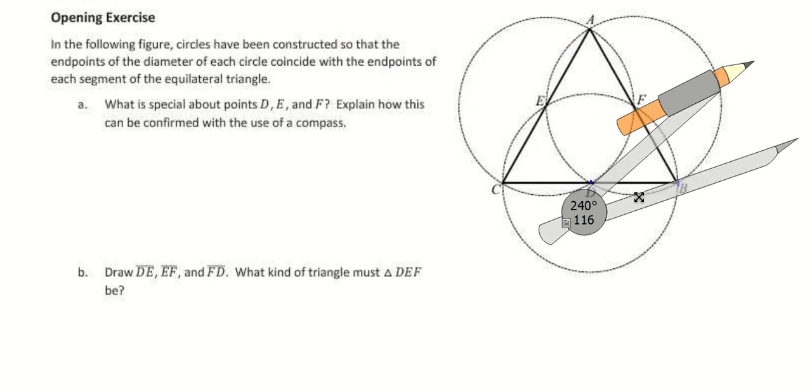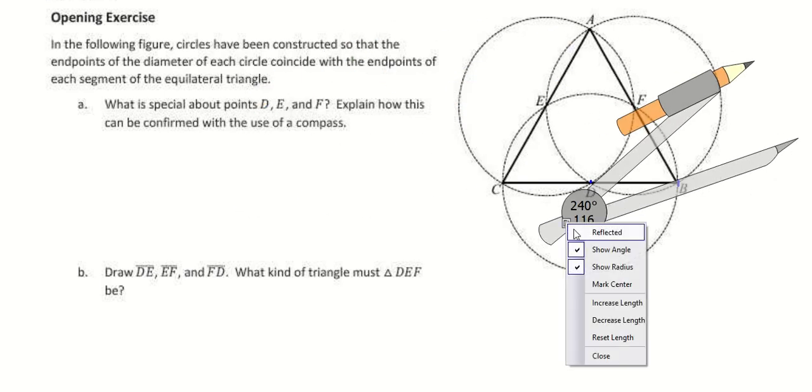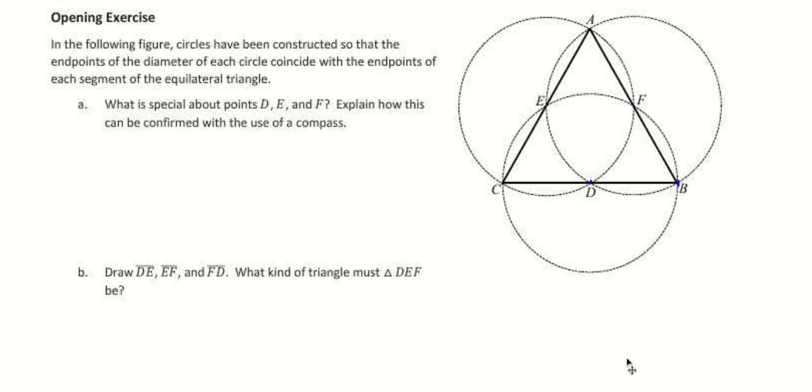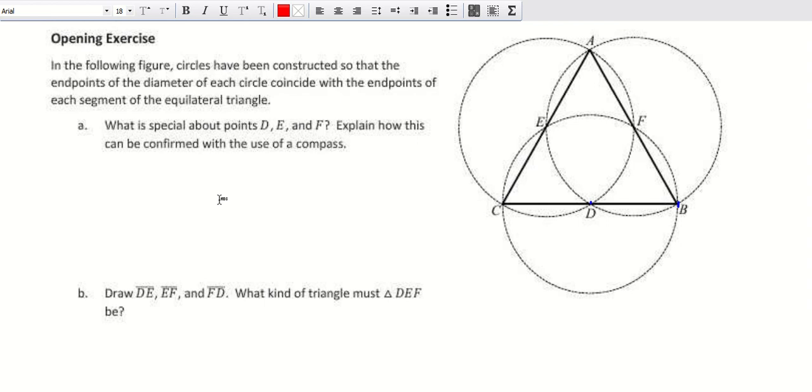So what can you tell us that's special about these points? Does anyone remember the vocab word we talked about yesterday and can help us out here? Any volunteers that might be able to throw out the vocab word from yesterday? George, how are we doing there?